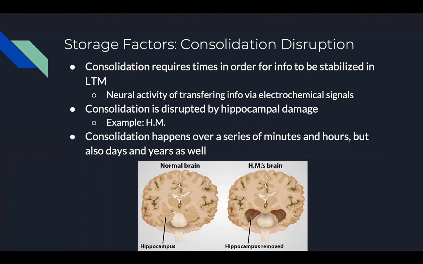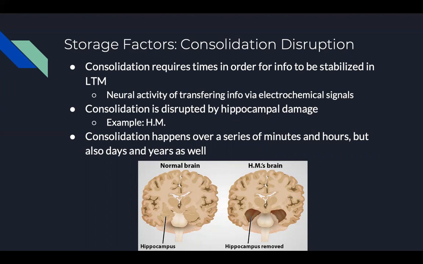And so, of course, as we've talked about, right, there's this neural activity that's going on, that's transferring information from the short term to the long term, and this eventually results in consolidation. And so there is evidence that the consolidation process can be impaired if there is damage to the hippocampus or even some of its surrounding regions that the hippocampus is heavily involved in.